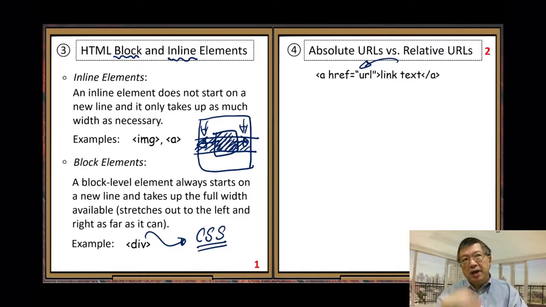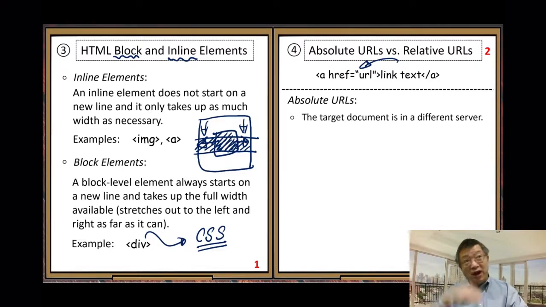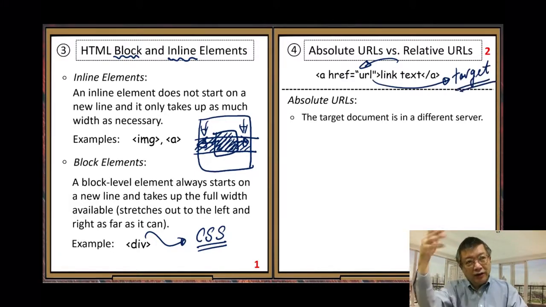Here, let me describe these two types of URLs. First, absolute URLs. The target, typically a document, is in a different server.